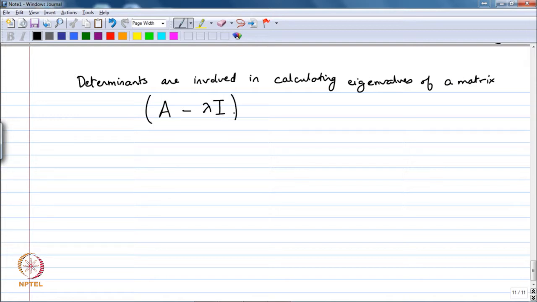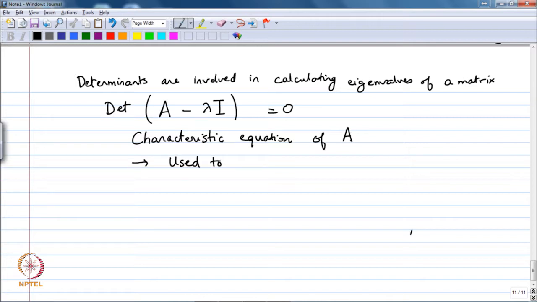This is referred to as the characteristic equation of A. It is called the characteristic equation because the eigenvalues are often referred to as the characteristic of A, and this is used to calculate eigenvalues. And we know that this leads to a polynomial equation in lambda. So determinants are very naturally involved in calculating eigenvalues of a matrix.